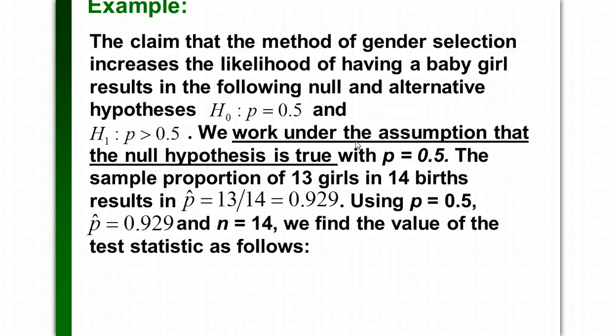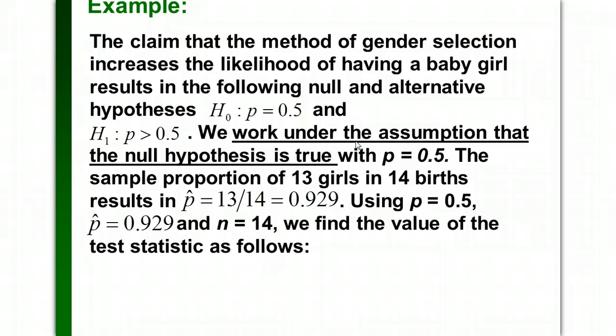Now, testing our claim. The claim, or what the company wants to test, is that their method of gender selection works. That would mean they believe the proportion of people who use their method would have baby girls at a rate higher than 50%.